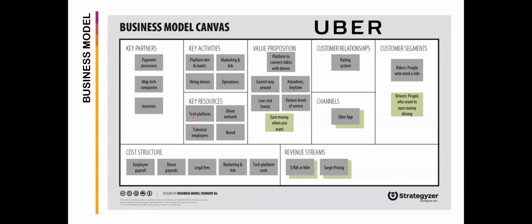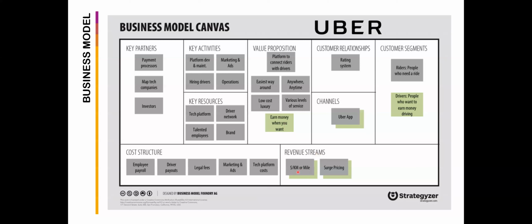The key resources would be the tech platform, the employees, their driver network, and also their brand as a low cost luxury brand. So these are the partners, activities, and resources to deliver this value proposition.